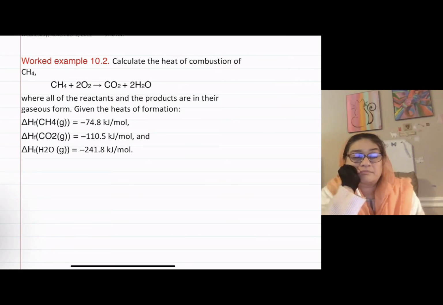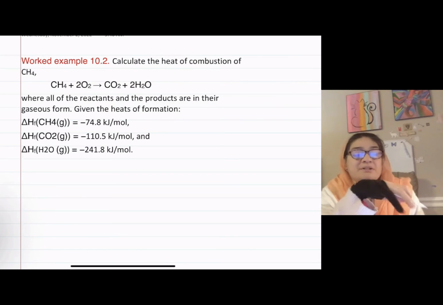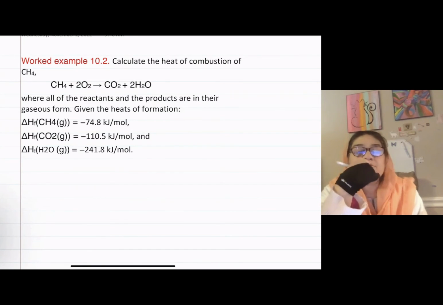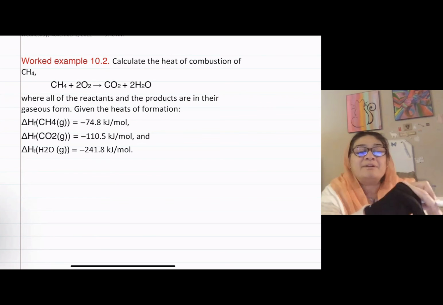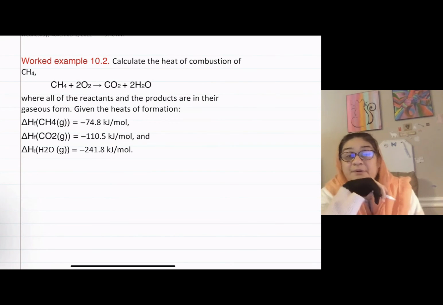Given that the heats of formation are these, we have to find the heat of combustion of methane. So if methane is burnt, we have to calculate its heat of combustion. All of these values are given. So how do I do that?